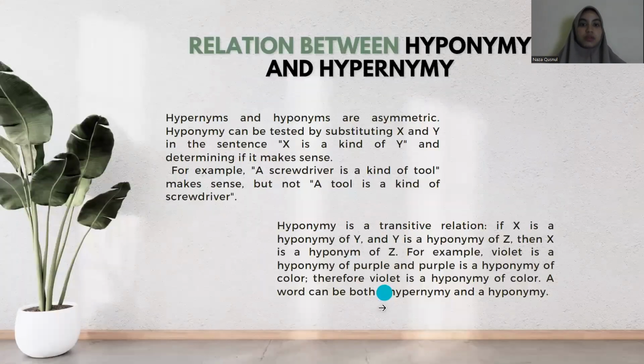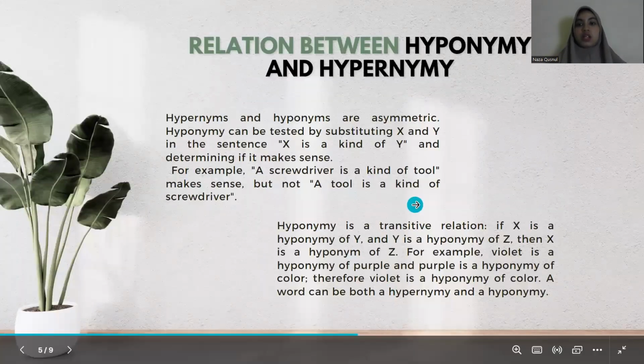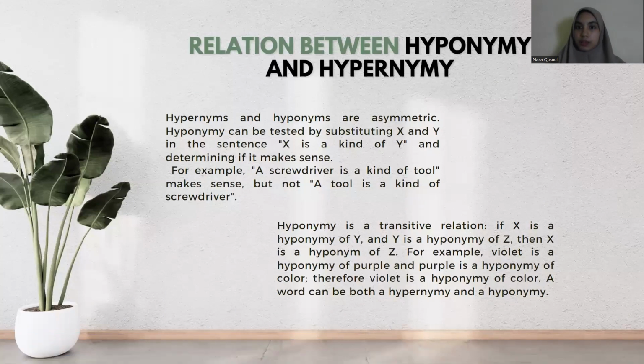Next, we move to the relation between hyponym and hypernym. Hypernyms and hyponyms are asymmetric. Hyponymy can be tested by substituting X and Y in the sentence "X is a kind of Y" and determining if it makes sense.